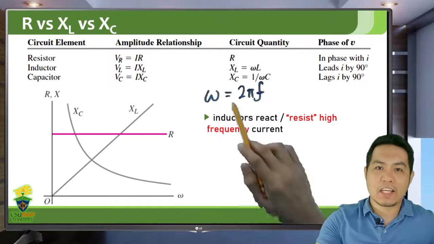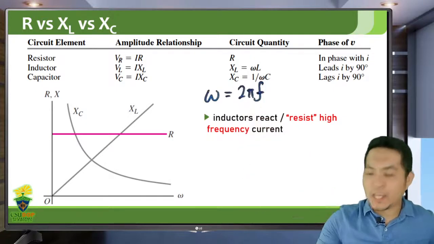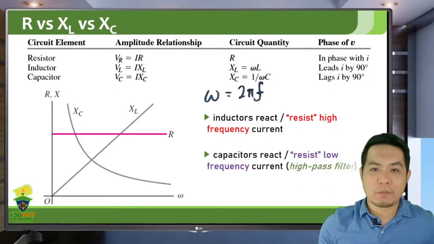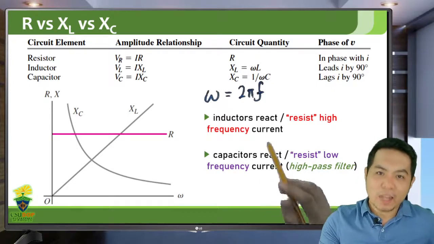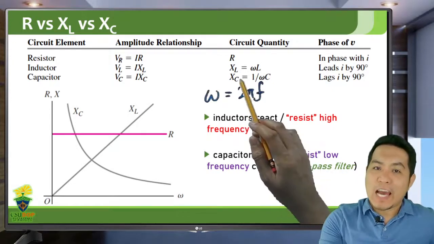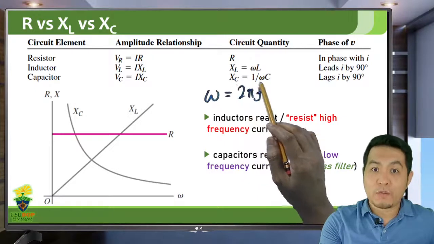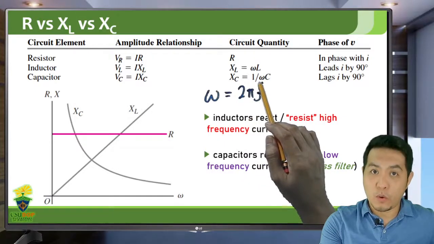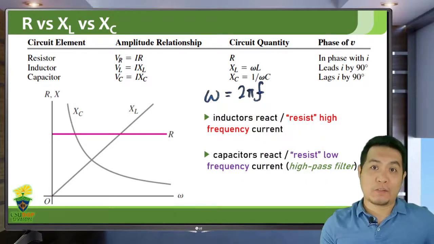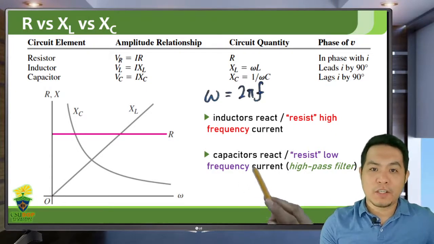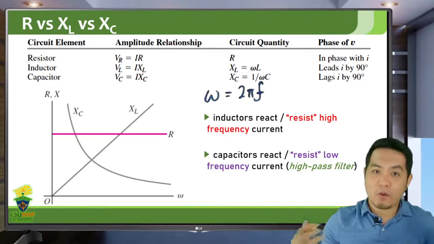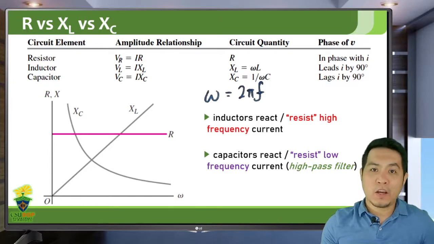That's what this means. In the case for capacitors, it's inversely proportional. So meaning the reactance is large for very low frequency oscillations of the current and voltage. So capacitors resist low frequency current and low frequency voltages.